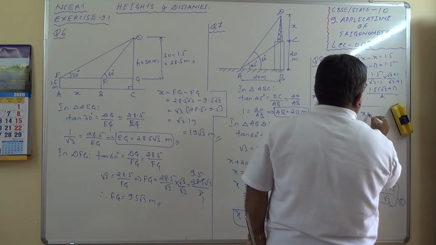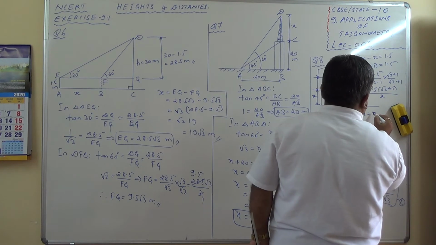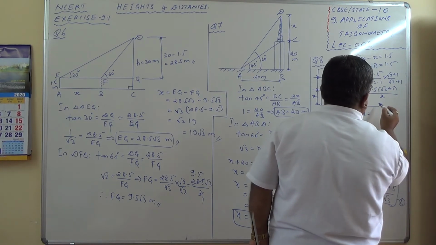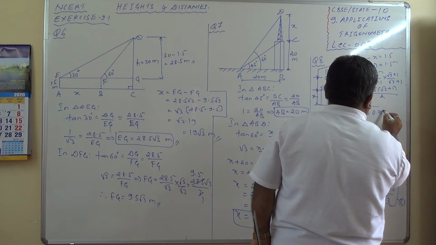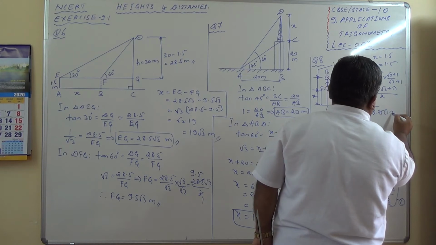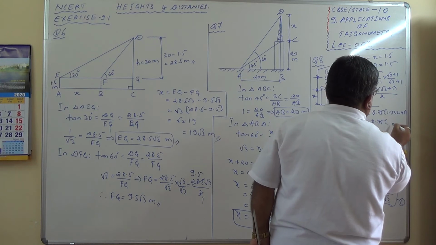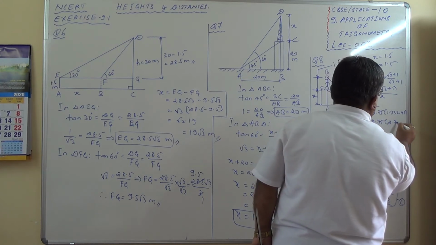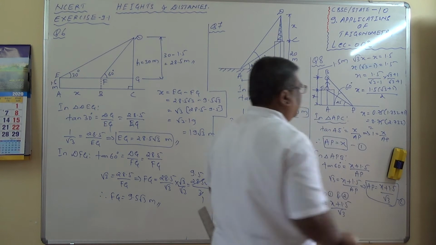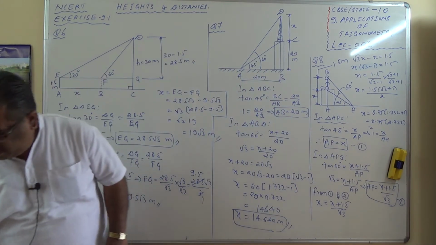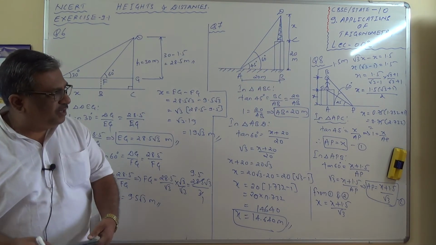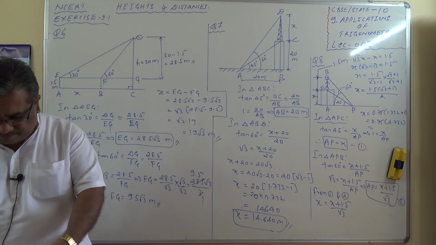So finally we get x equals 1.5 divided by 2, which is 0.75, into 1.732 plus 1, which is 0.75 into 2.732. So how much does it work out to be?